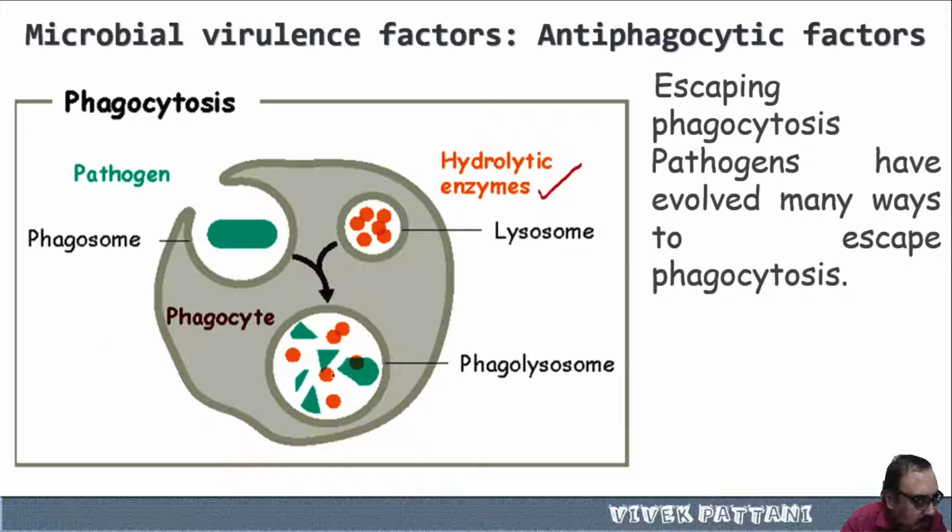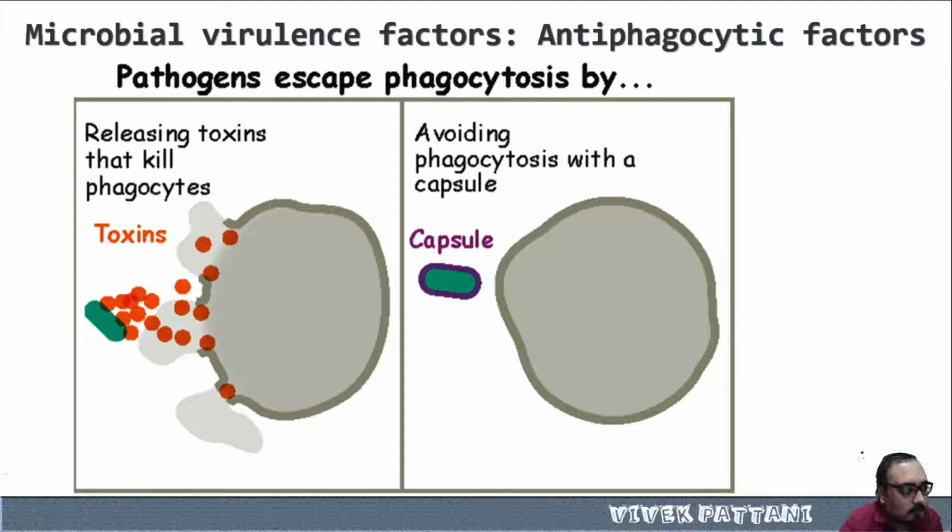Given here is a regular diagram of a phagocytosis. Now, what are these pathogens going to do?